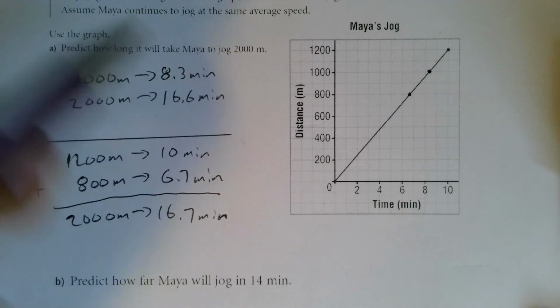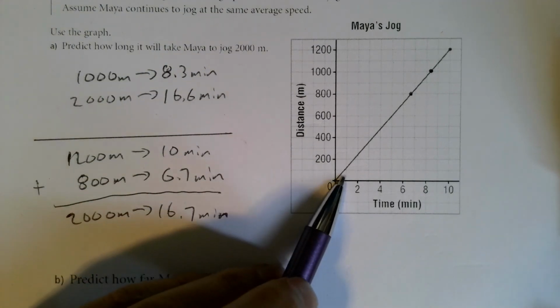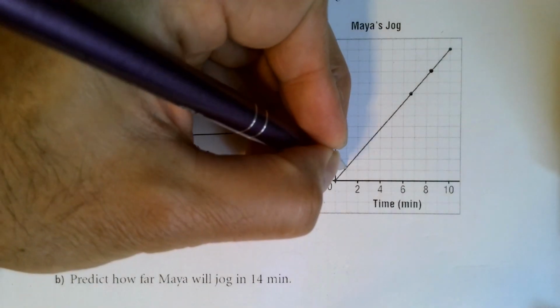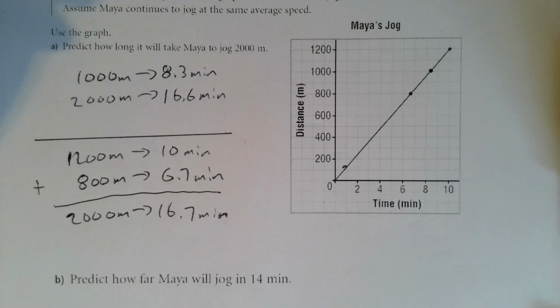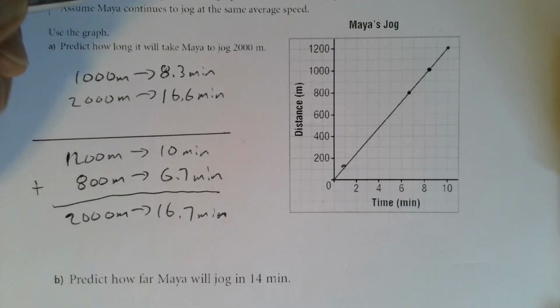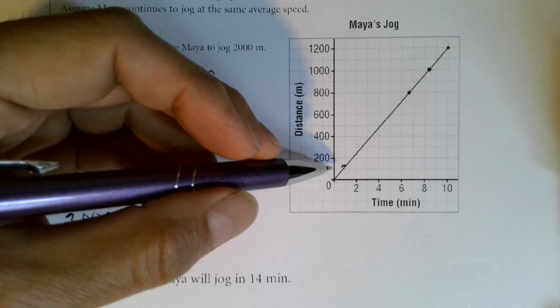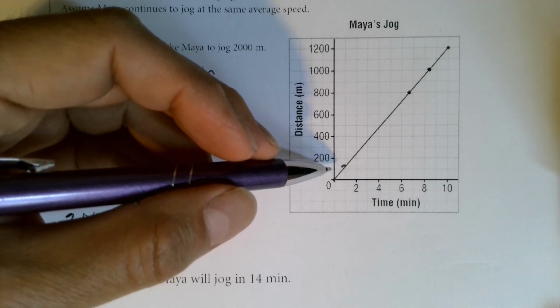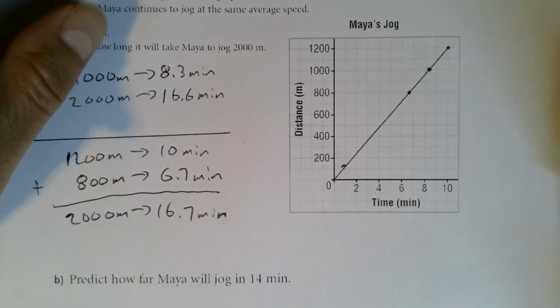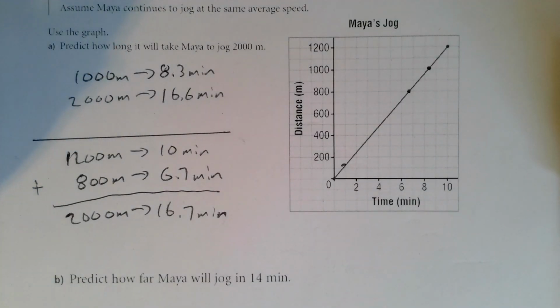So if I look here, 1 minute, looks like it's a little over 100 meters there. This is pretty small though and tough to see. So I think it's going to be 110, 120 meters in 1 minute, something like that. But I'd like to be more exact because we're going to multiply it by 14.